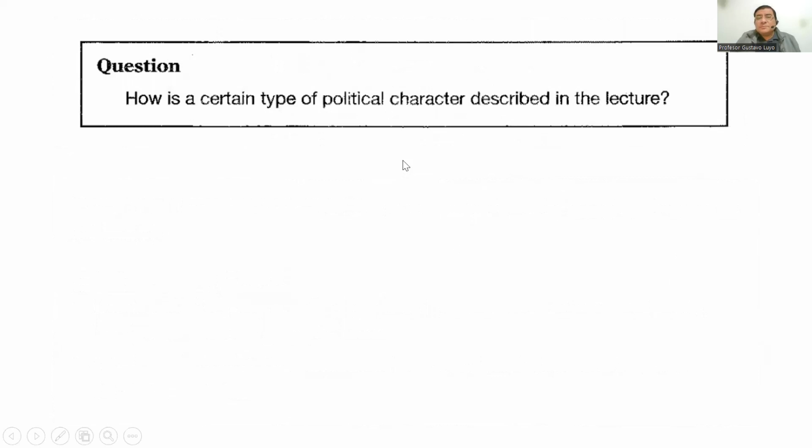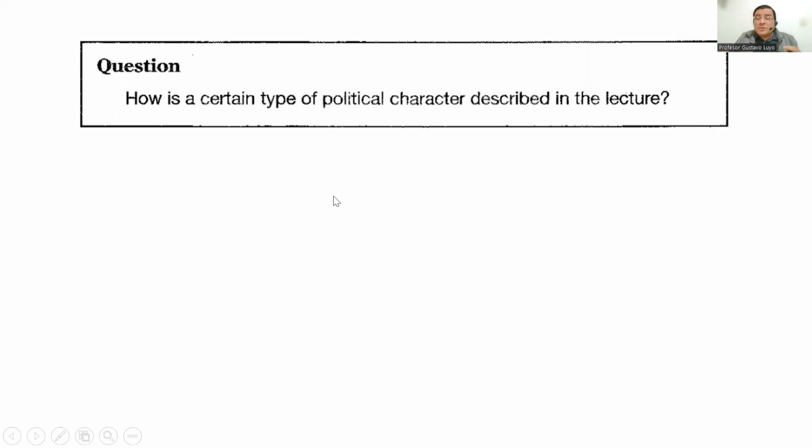So, in this case, the question is, how is a certain type of political character described in the lecture? You could see that coming, right? Because that's normally what they will do. They will ask you about some issue mentioned in the lecture.